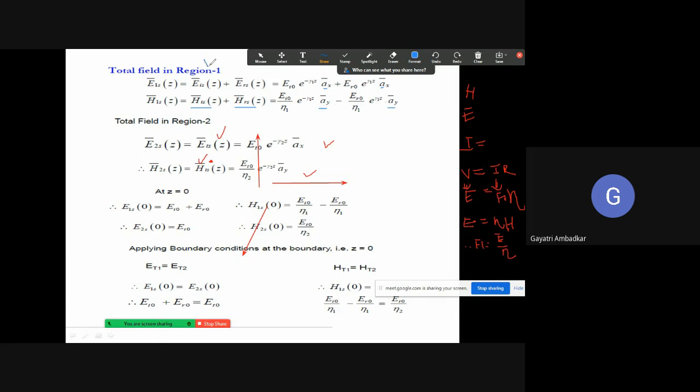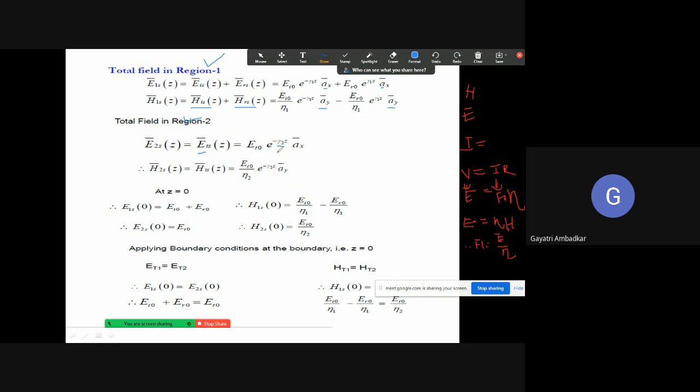This we wrote for region 1; you can write it for region 2. What will it be for region 2? The total electric field is only one, the transmitted part. So E2S is equal to ETS, and you can represent ETS as ET0 e raised to minus gamma 2Z, because region 2 is specified by gamma 2.